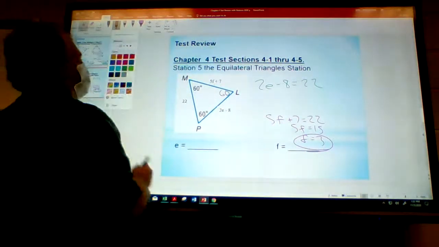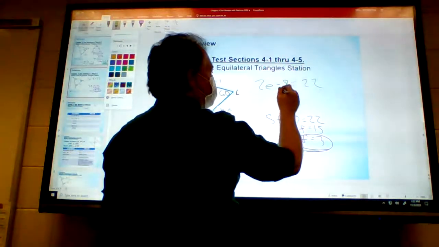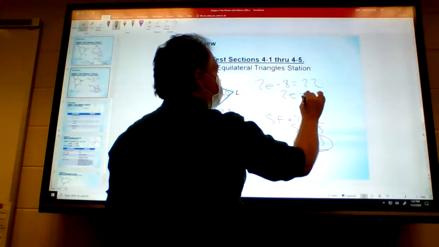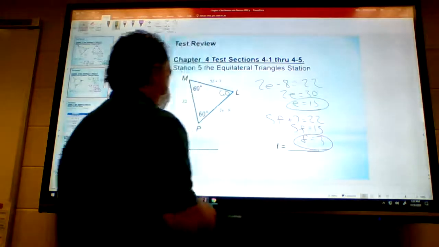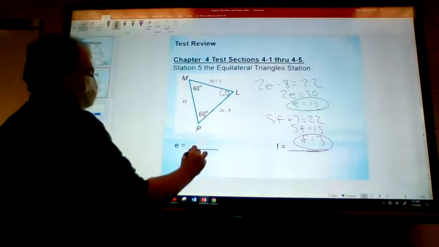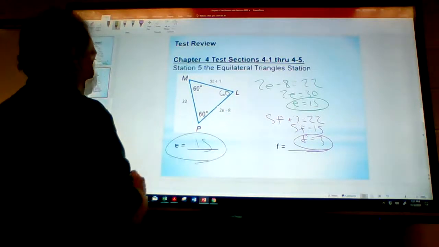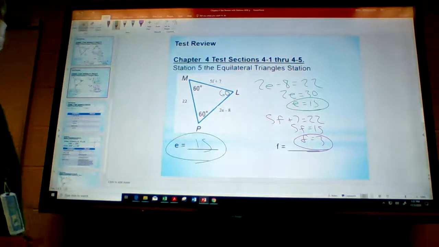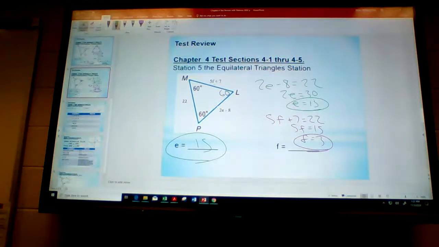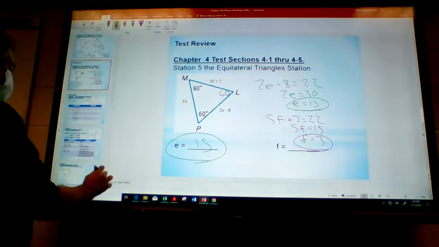And for this one, I add 8, so I get 2E equals 30, so E equals 15. All right. Now, I'm doing some kind of quick math here, but you kind of get the idea of how it works.